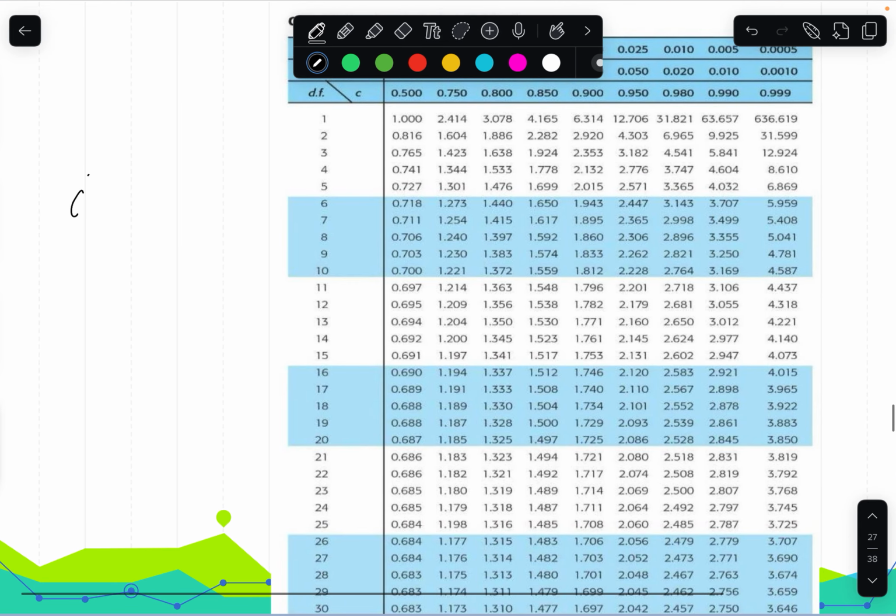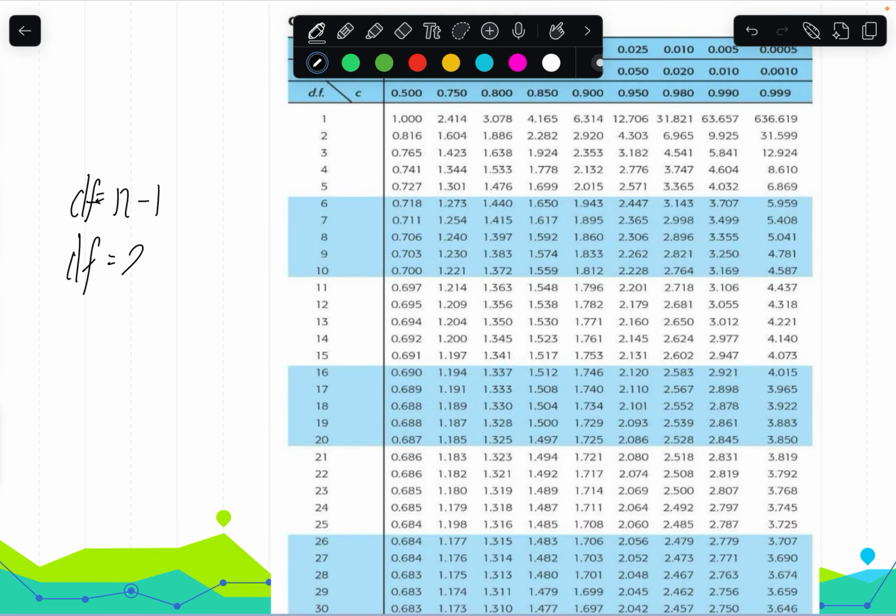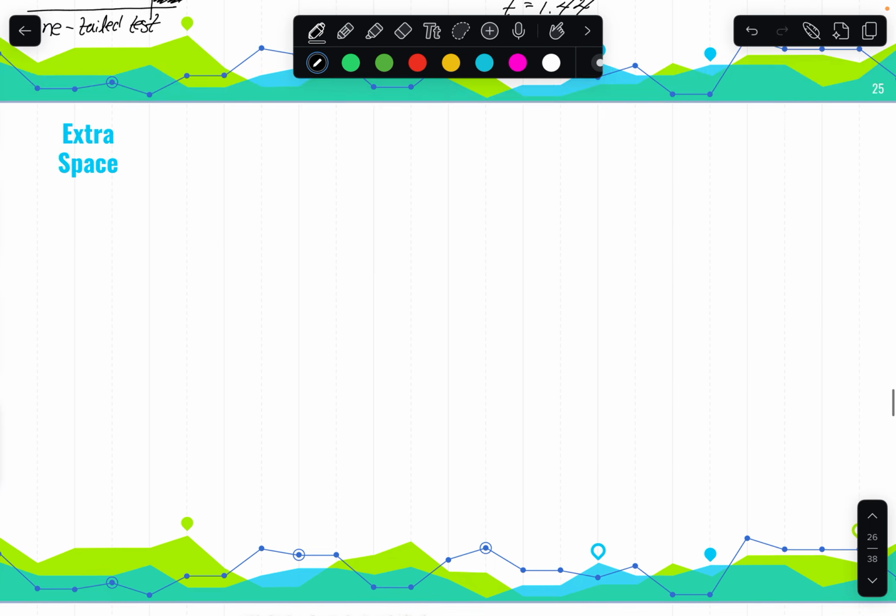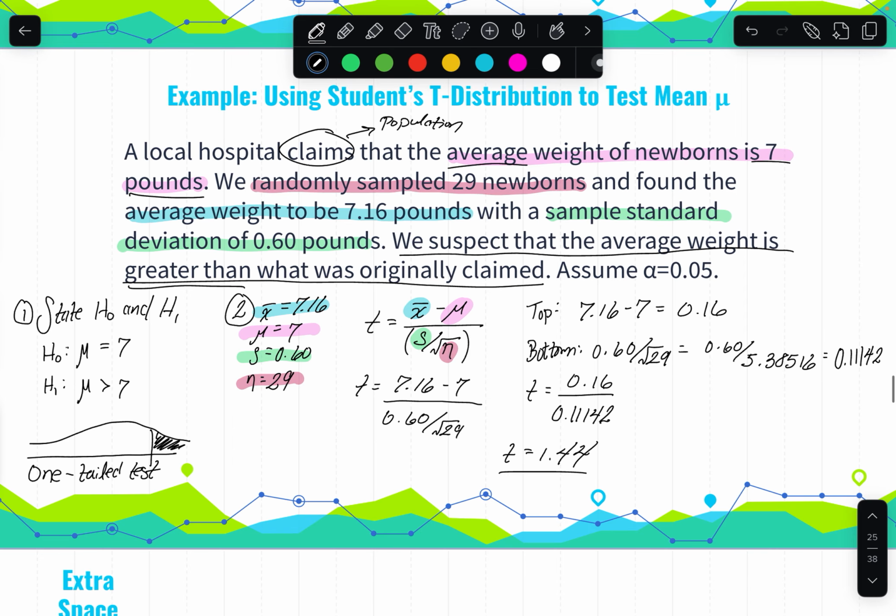So the degrees of freedom is n minus 1, which gives us 28. We want a level of significance of 0.05, so our confidence level is 0.95.